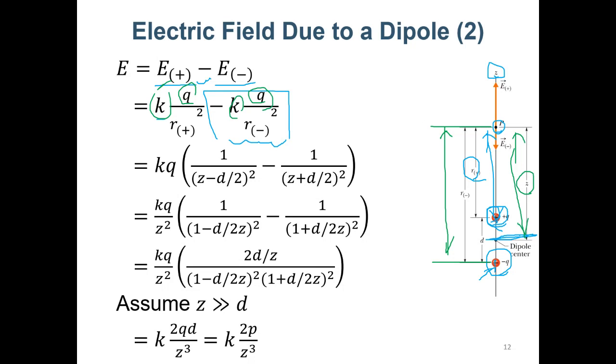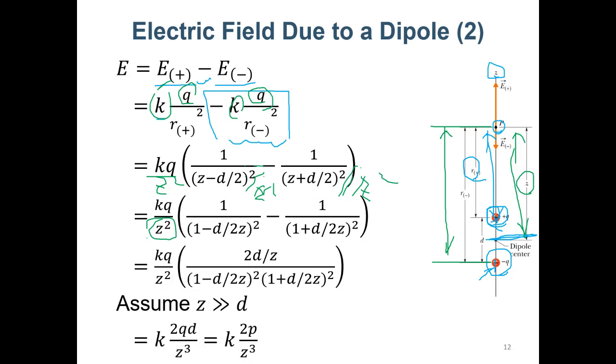Okay. So we factor z squared out, which means that we divide z squared here and here, so that these two have a square.